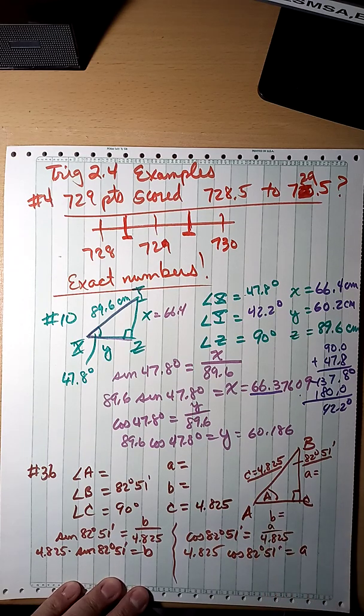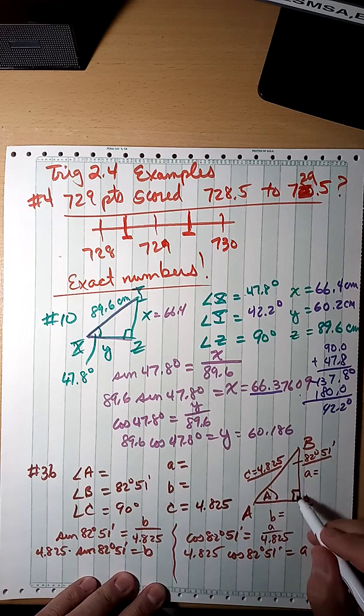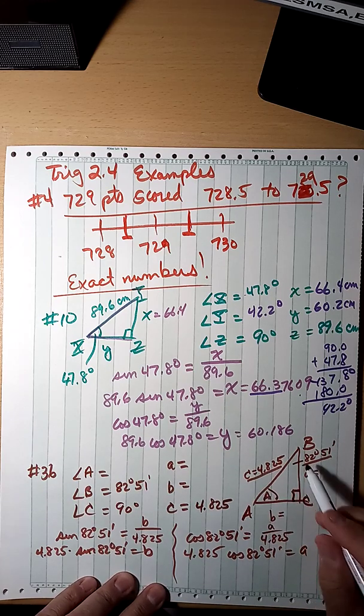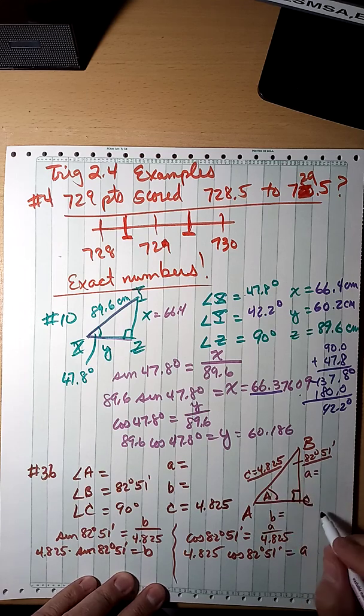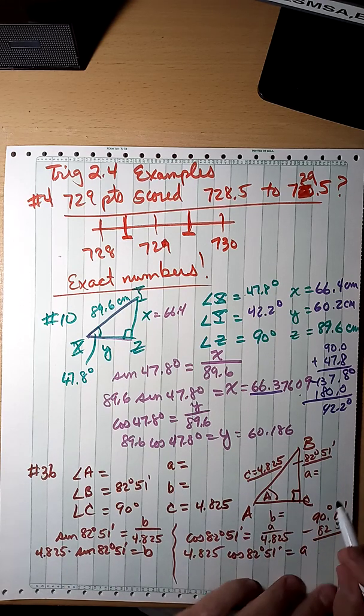That's what a is. Angle A, we don't always have to go with 180 degrees. We know this is 90. These two have to add up to 90. So 90 degrees, you want to subtract the 82 degrees, 51 minutes. I'm going to do that first and then bring my calculator in.